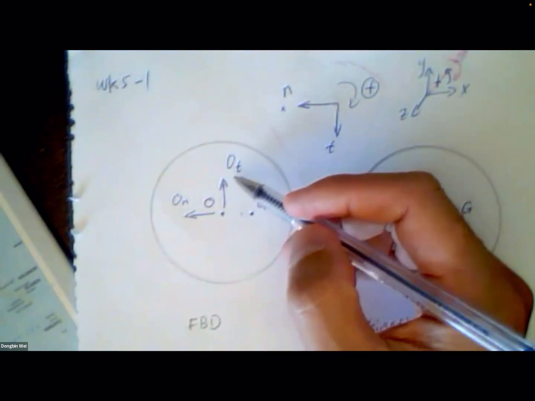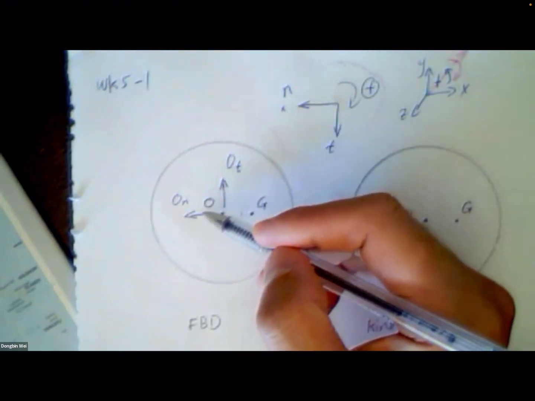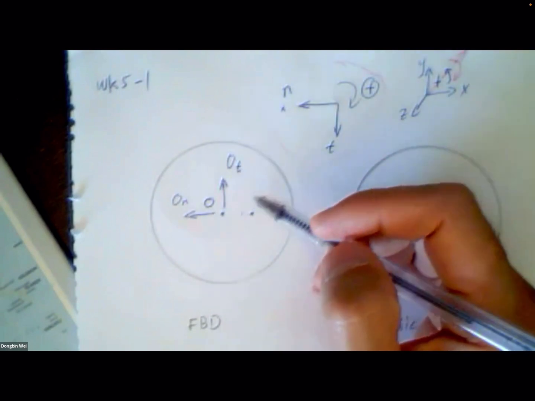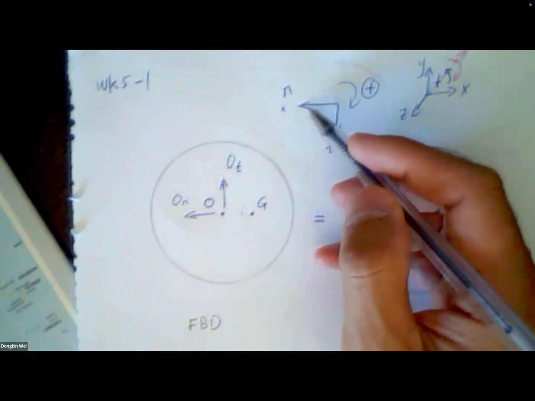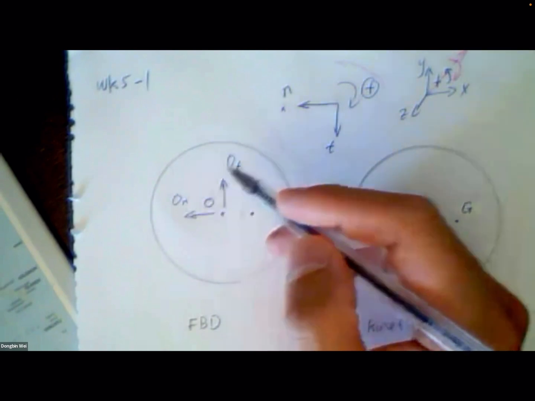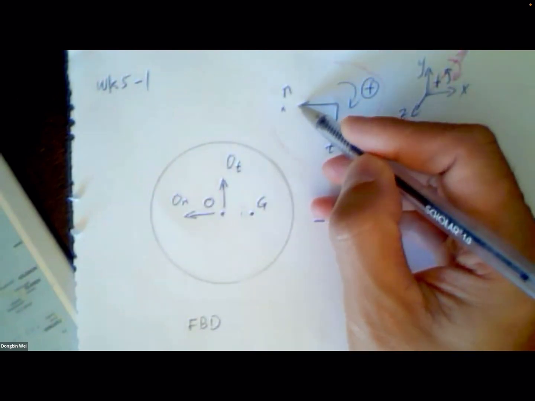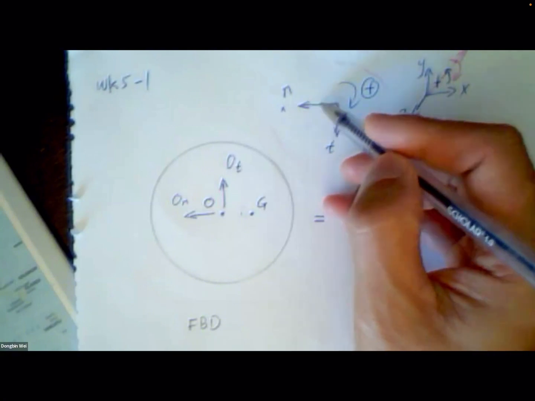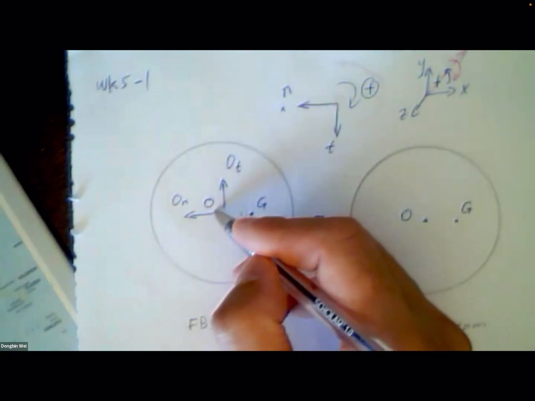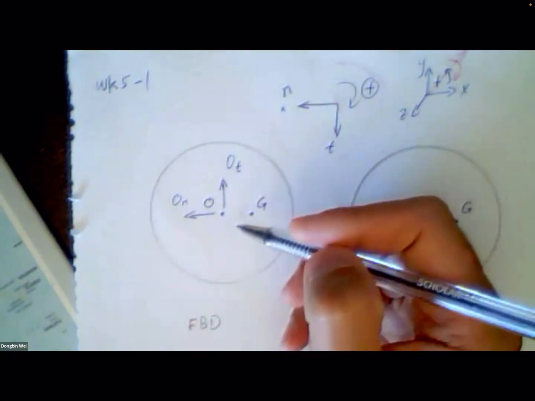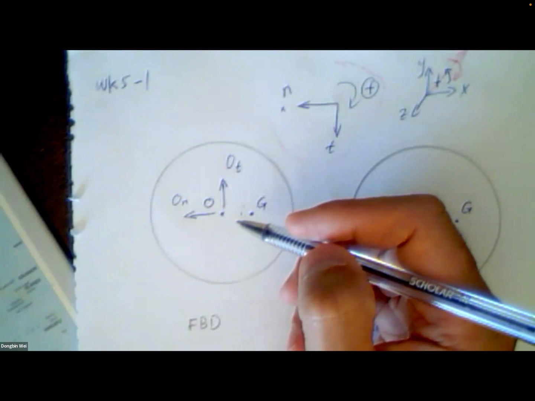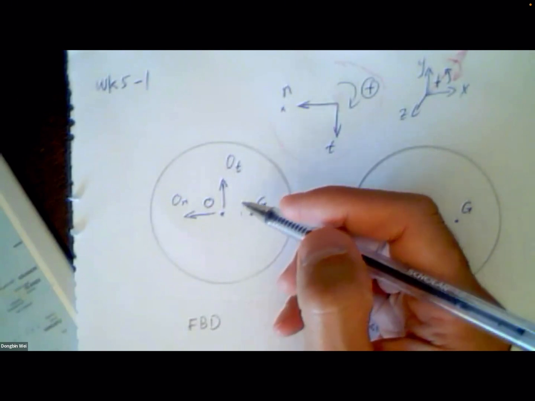Why do I put ON to the left side? Because ON is unknown, and we already defined the left side as the positive normal direction. So I indicate ON to the left side, assuming it's positive.